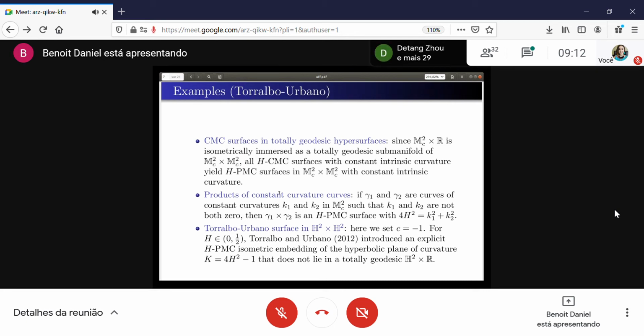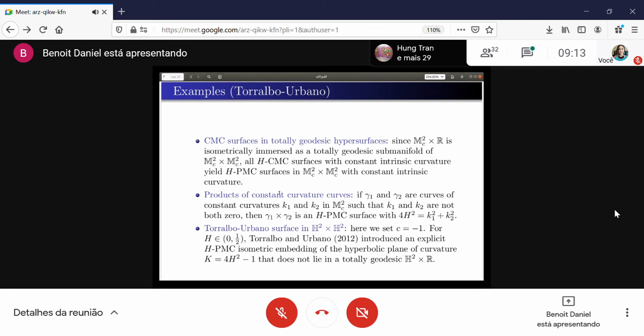Another example indicated by Torralbo and Urbano is the product of constant curvature curves. We can compute this. If I take gamma 1 and gamma 2, some curves in M2, with constant curvature K1 and K2, not both 0, then if I take just the product, it gives me an HPMC surface with the norm of the mean curvature vector given by this formula, 4H2 equals K1 square plus K2 square.